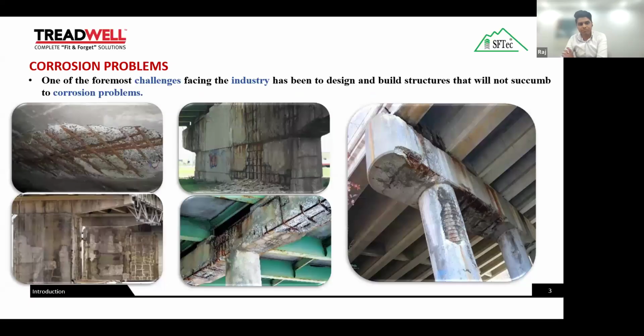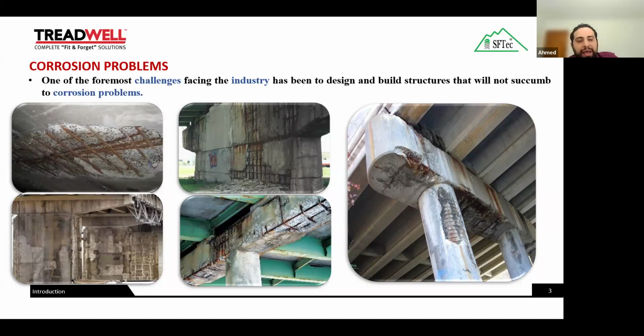Thanks. Okay. Today, one of the foremost challenges facing reinforced concrete infrastructures is corrosion of steel reinforcement. When the bars are exposed to chlorides or moisture or aggressive environmental conditions, the corrosion begins to occur.